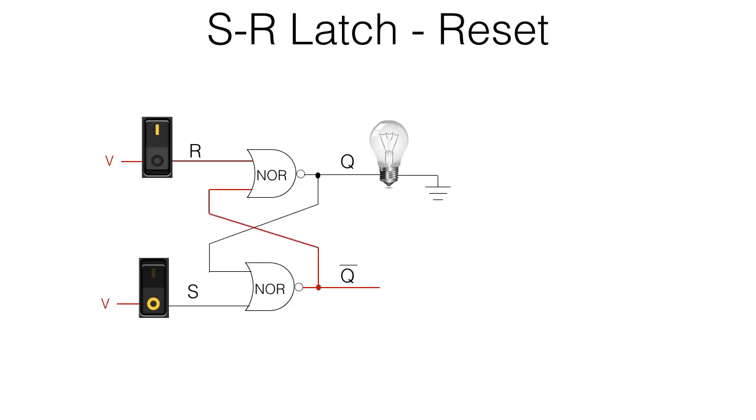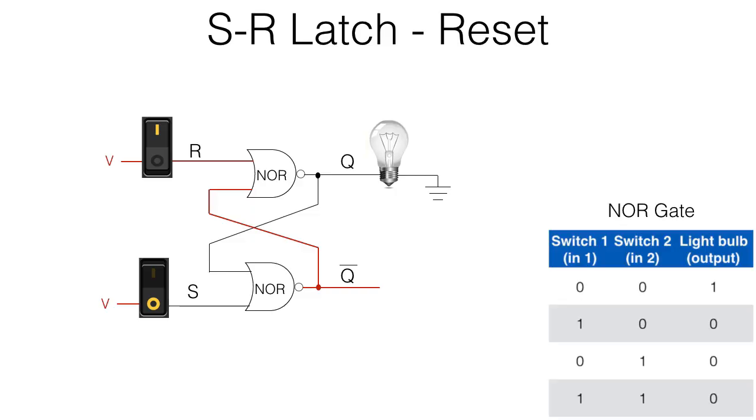Now let's reset it. All we have to do is flip it around. So now the reset line goes high. And notice that Q now is off. Q bar is on. Set is off. There's that cheat sheet again, just in case you need it.